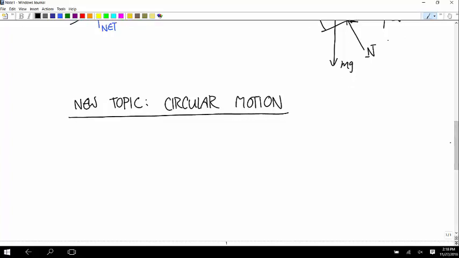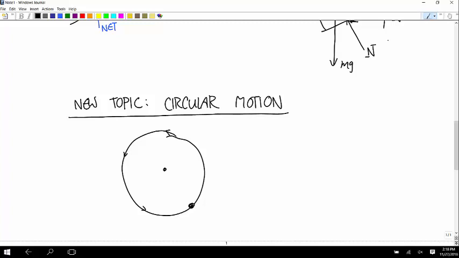And really most of the directional thinking that you need for circular motion is stuff that we've already done in lab.